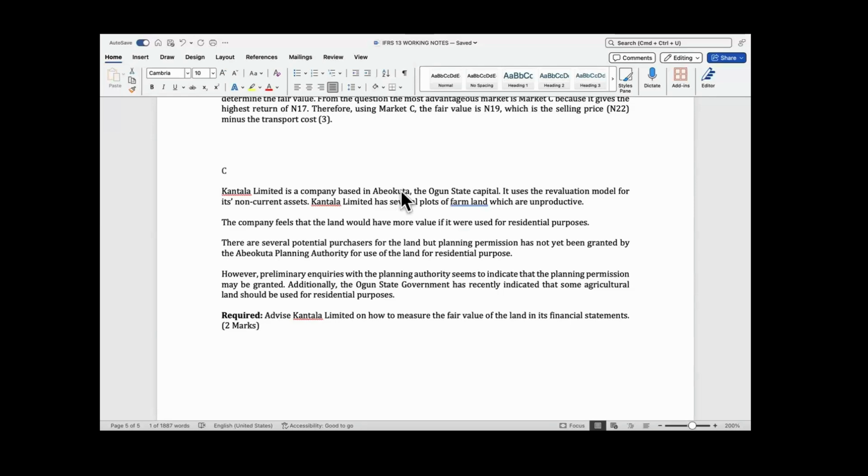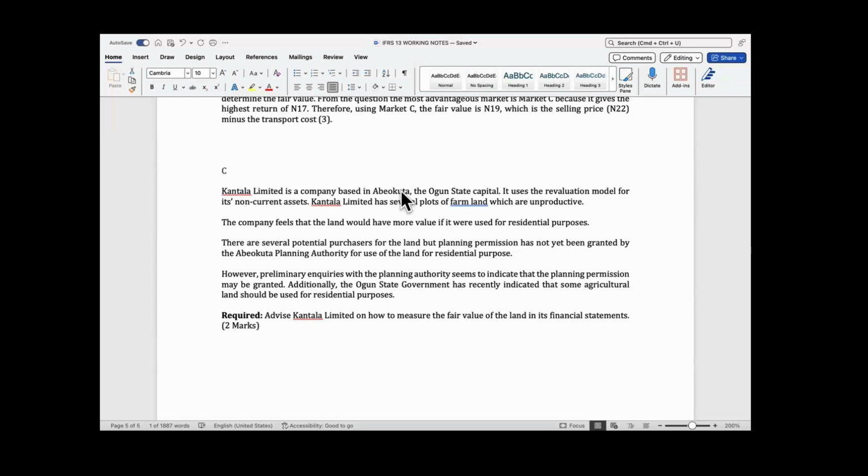But cost approach, sure, because it's supposed to be a farmland, but since it's unproductive, they want to use it for building. So cost approach, 2 marks or 1.5. You're already even marking yourself.